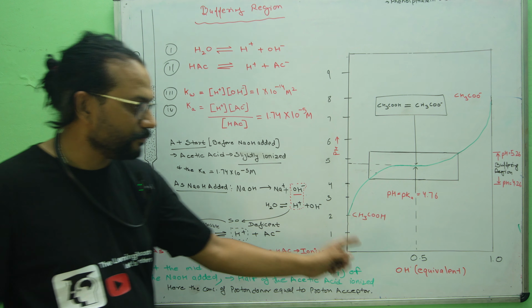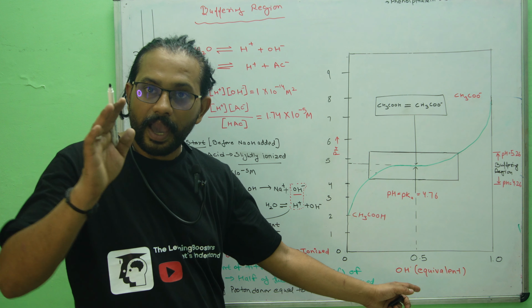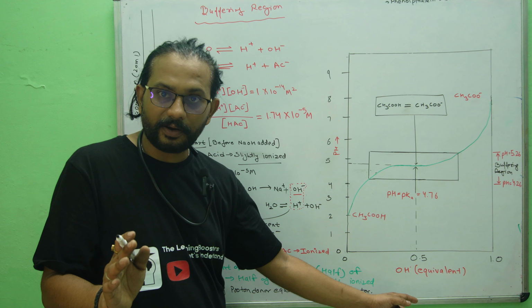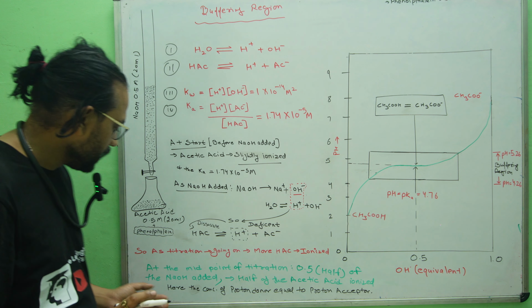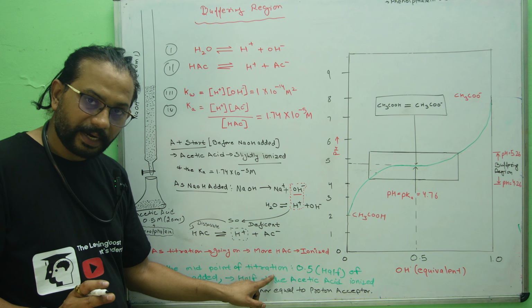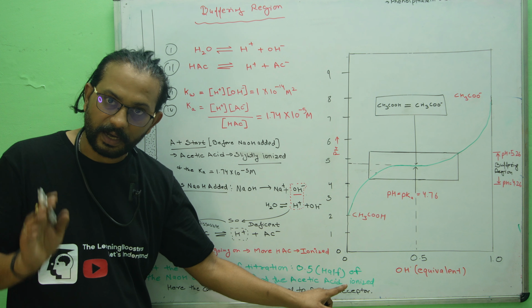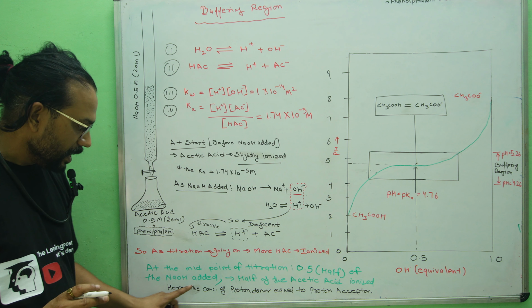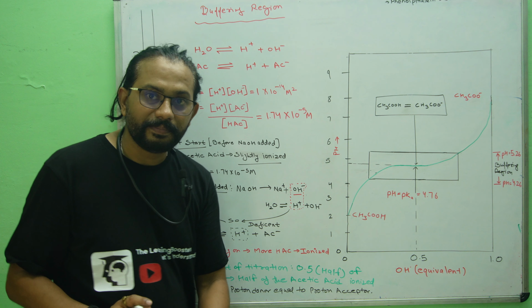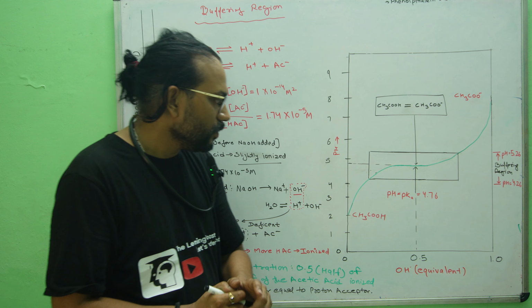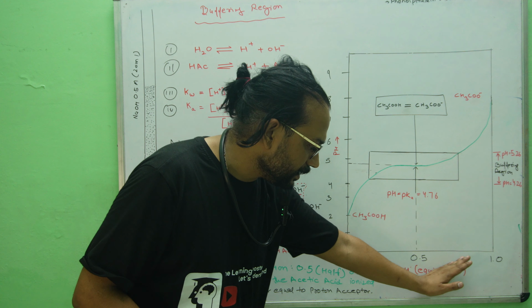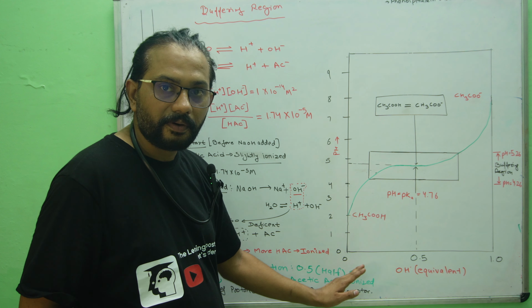Now what happens when half the volume of NaOH, that is sodium hydroxide, is used? At the midpoint of the titration, half the volume of NaOH is added and half of the acetic acid is ionized. This is what we call the titration curve of acetic acid.